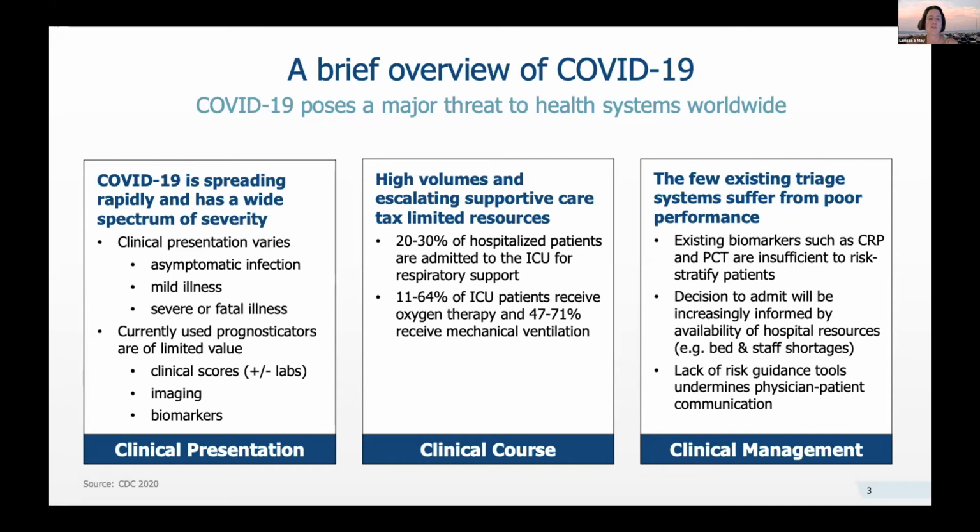We also know from our experience in emergency healthcare that we've had high volumes and escalating need for supportive care. Many times, especially at the beginning of this pandemic, we've had limited resources in terms of PPE and other diagnostic testing and reagents. And so we continue to struggle with managing these patients. We know that up to 30% of hospitalized patients, or at least adults, are admitted to the intensive care unit for respiratory support.